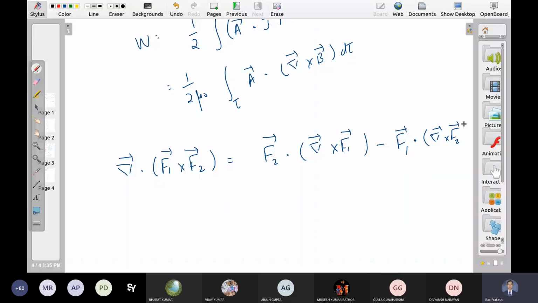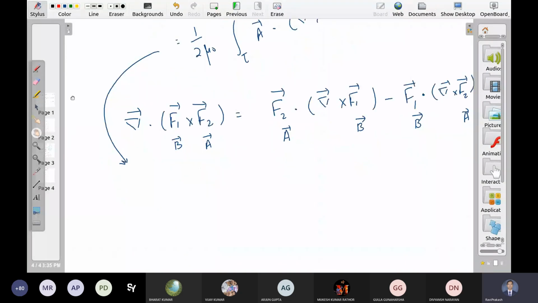Now we have A dot del cross B. So if I say F1 is B and F2 is A, then this is B, this is A, this is B. Agree? So what do I get now?